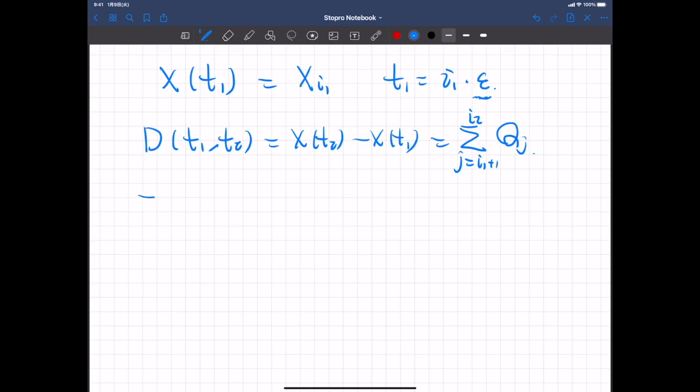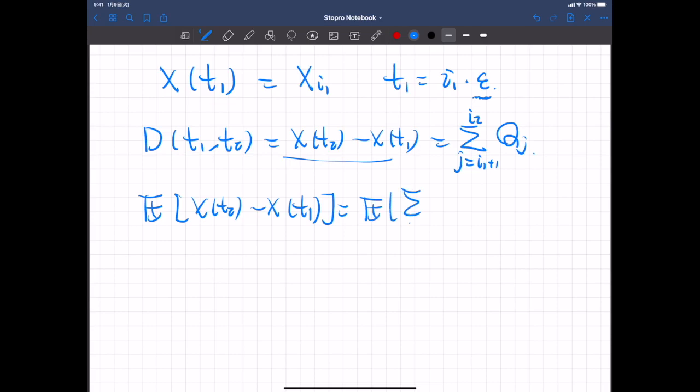Okay, so the expectation value of this difference is the expectation value of the sum of these qj's, j from i1 plus 1 to i2. But that is just the sum of the expectations, which are all 0.